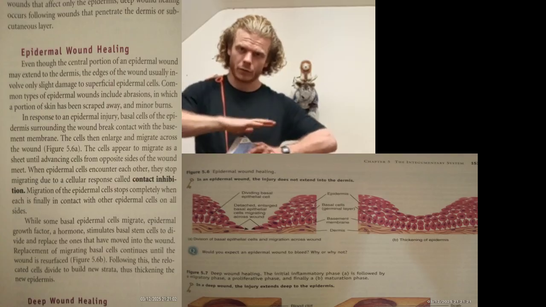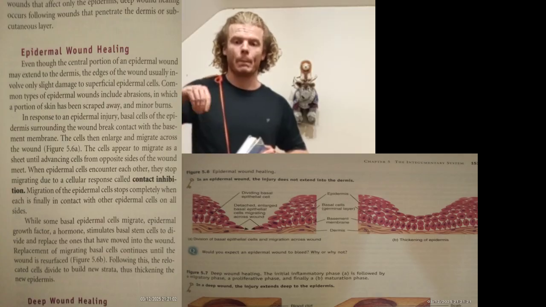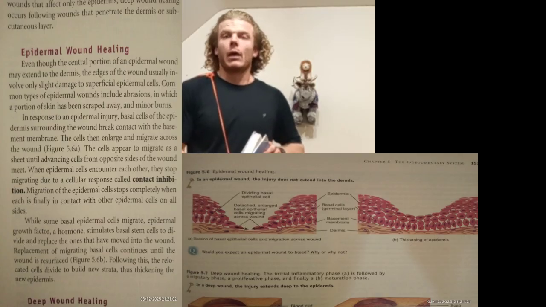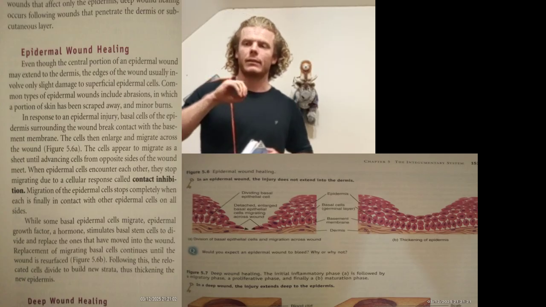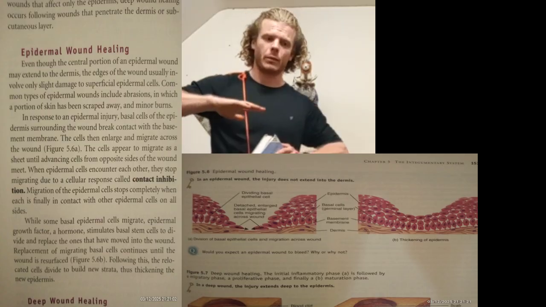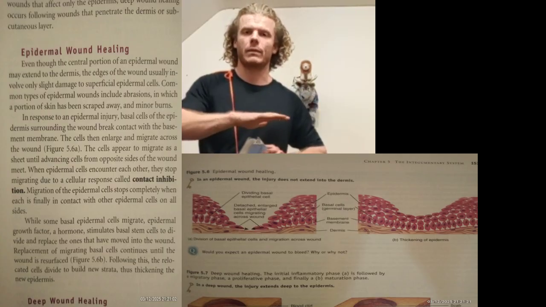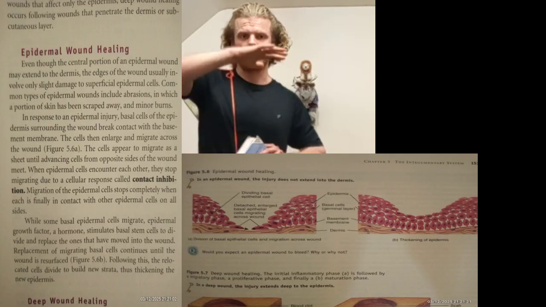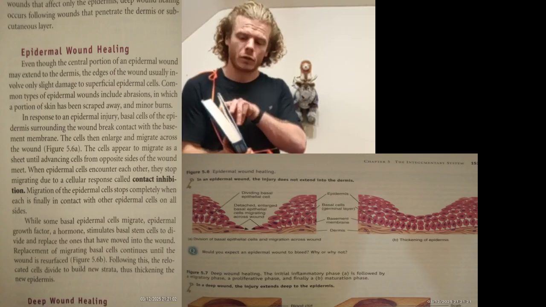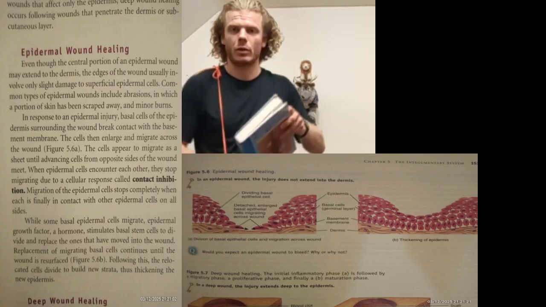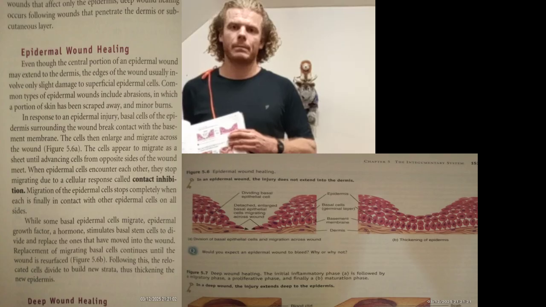And there is contact inhibition, a cellular response, that tells the cells when they have met the other one, and then they start to divide again until the epidermis is rebuilt. That is according to Tortora and Derrickson's Principles of Anatomy and Physiology, page 152, but this is not medical advice.